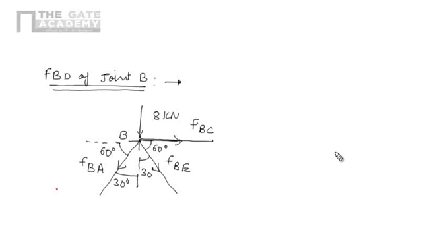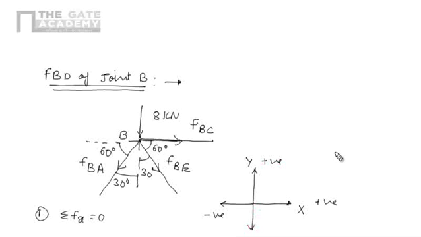After drawing the free body diagram, we can apply the conditions of equilibrium. The first condition: algebraic summation of all horizontal forces should be zero. I will again draw my coordinate axes, x and y. This one is positive x, this one is negative x, this one is positive y, and this one is negative y. Applying condition number 1, the algebraic summation of all forces along the x direction should be 0.